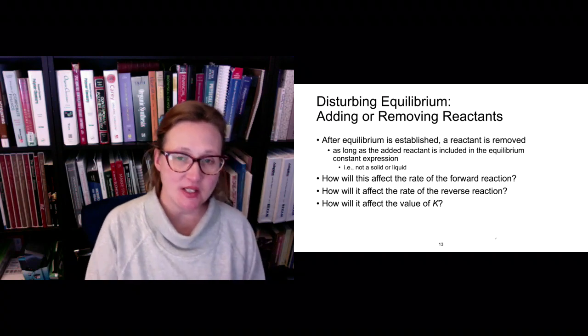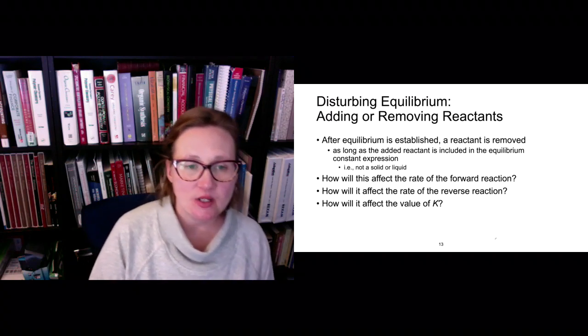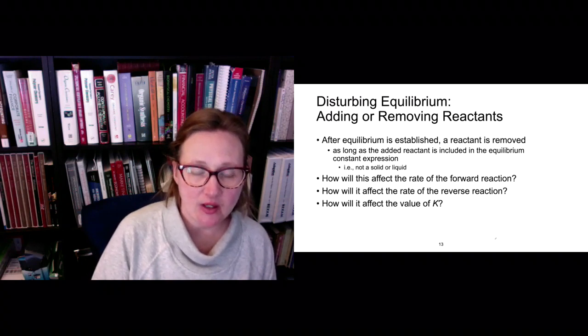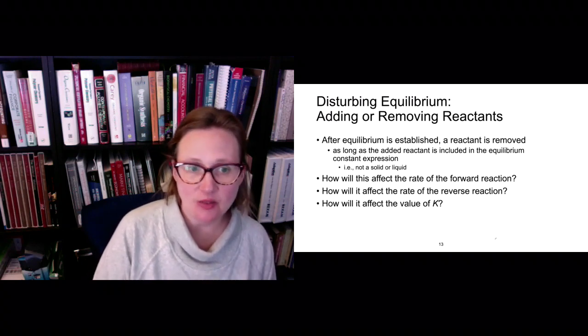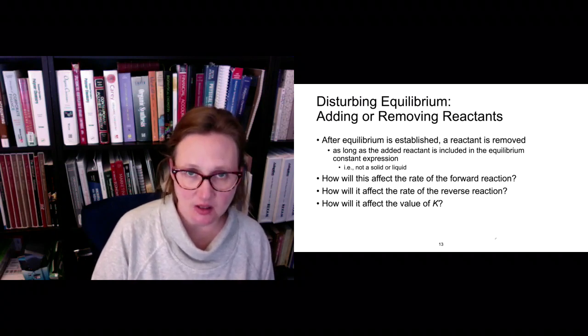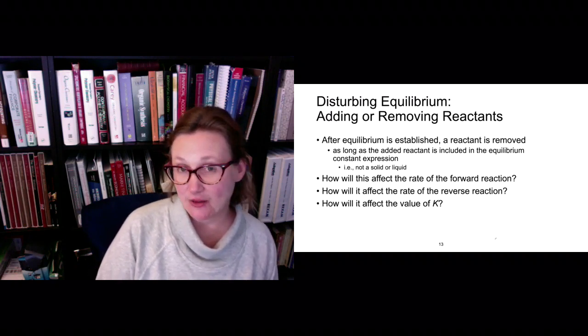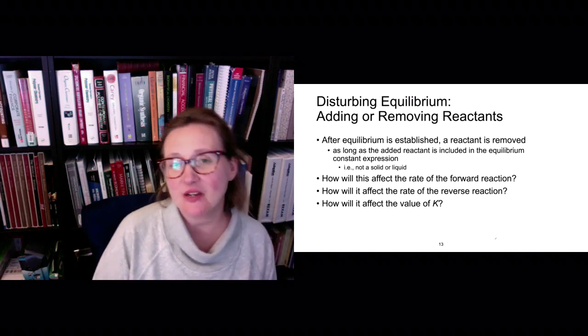All right, so imagine a situation where a reactant is removed. Again, as long as that reactant is part of the equilibrium expression, this is going to affect the equilibrium. So how is this going to affect the rate of the forward reaction? How will it affect the rate of the reverse? And how will this affect the value of K?